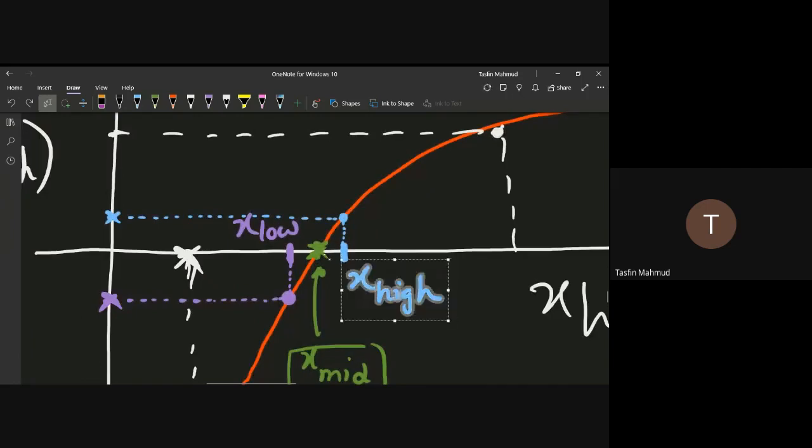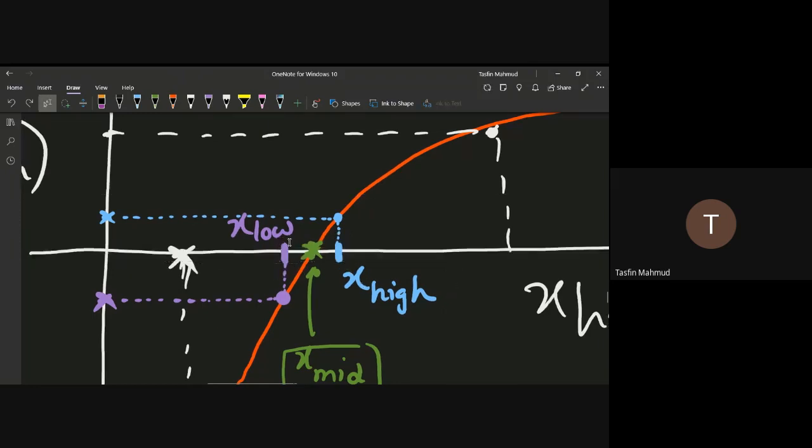This is x high and this is x low. If we subtract x low from x high, we will get this portion, and if we divide it by 2, then we are actually getting close to this midpoint, right?